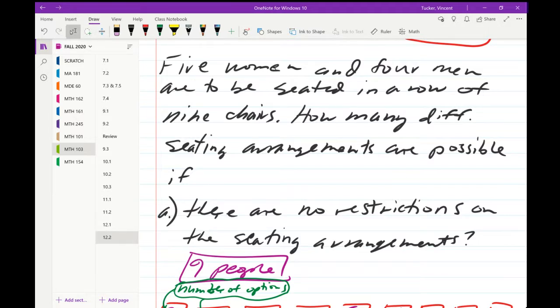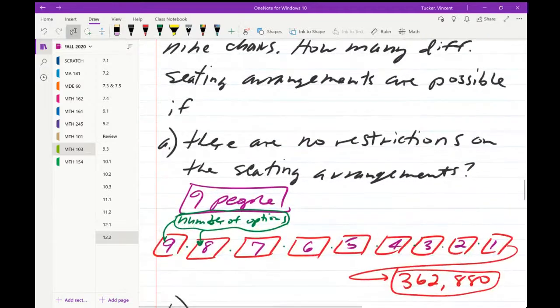All right, so we're going to look at how many different ways we can seat them if there are no restrictions on the seating arrangements. So just walking through this, make sure you're okay with what's going on. First thing I would do is set up my chairs. I have 9 chairs, so I also have 9 boxes, one for each chair, and there are 9 people to choose from.